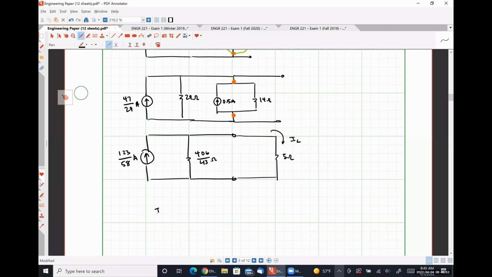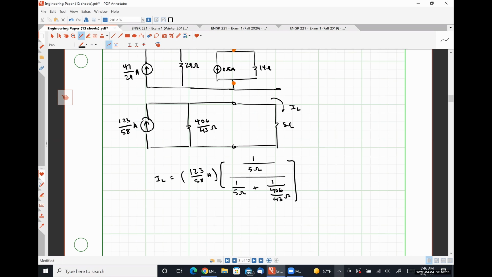Using current division, IL is equal to 123 over 58 amps times 1 over 5 ohms divided by 1 over 5 ohms plus 1 over 406 over 43 ohms. And then the power is just IL squared times 5 ohms.